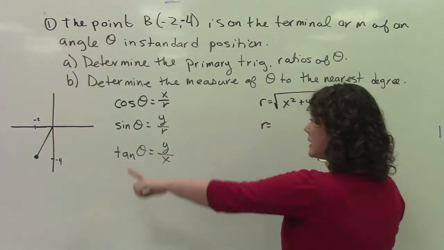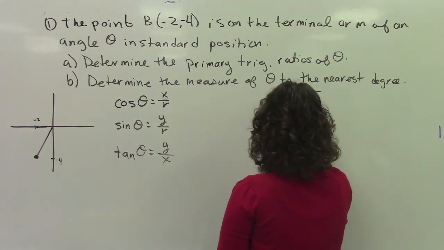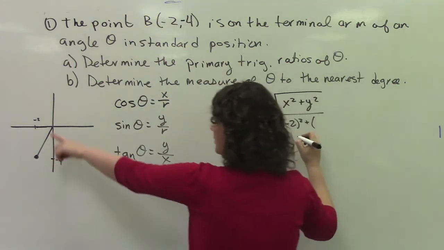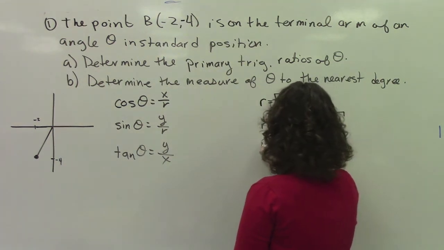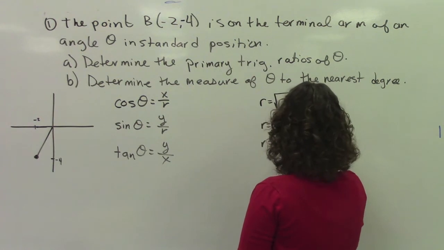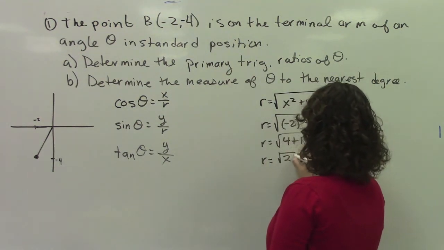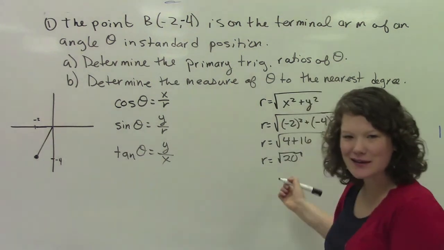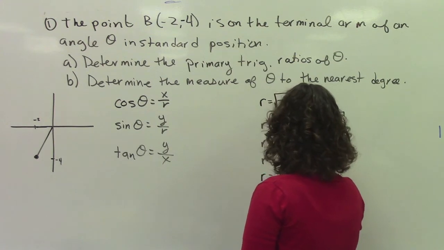R equals the square root of (-2) squared plus (-4) squared. R equals the square root of 4 plus 16, which is the square root of 20. But since we're in pre-calculus, we know how to simplify that. R equals 2 root 5.